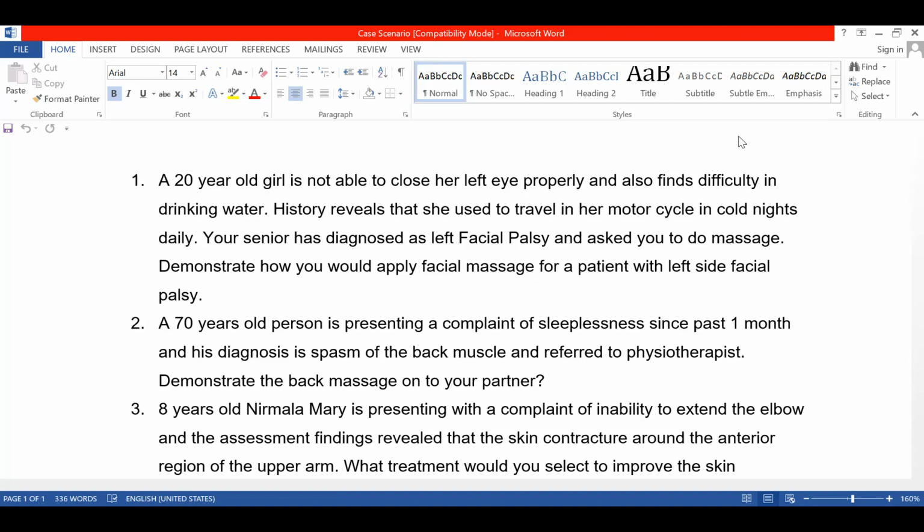So when performing effleurage, moving from the chin to the forehead, we'll give more pressure on the lower quadrant of the face to pull the mouth upwards, and less pressure when it reaches the upper quadrant. While moving downwards, we'll give more pressure on the upper quadrant, which is the eyes, and lower pressure on the mouth side.